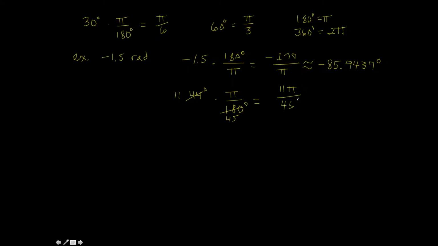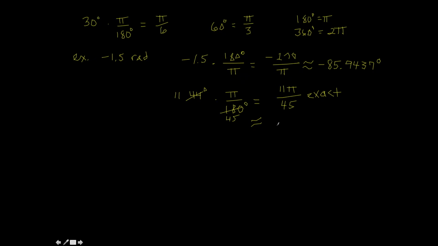Now, most of the time, folks, they're going to ask you for an exact form, okay? This would be the exact form, okay? This is exact. Leaving the pi in the answer is the exact form. Now, if they ask you for a decimal form, just like the last problem, divide it out and get the decimal form.